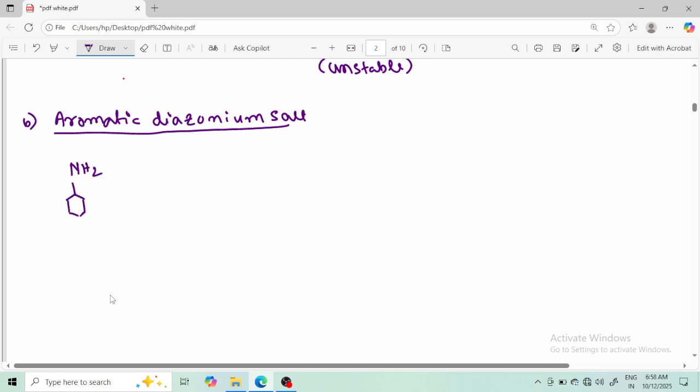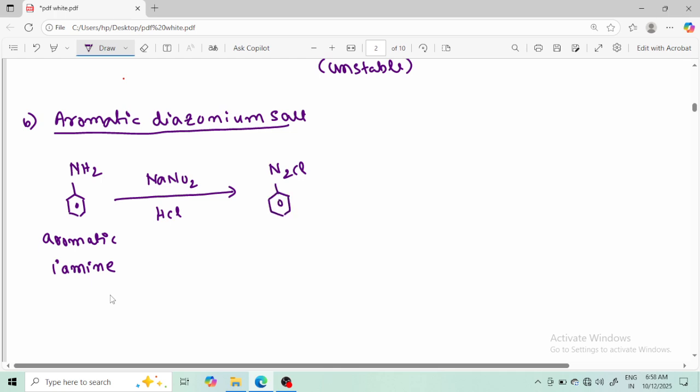How do you know that this is aromatic? Aromatic because the benzene ring is connected to the functional group. Yes. And why is it primary? Because it has two hydrogens on nitrogen. So aromatic 1 degree amine, also called primary amine. So the moment it reacted with, let's say I am using the other form of reagent, you can use HNO2 also, no problem. So here it will change to N2Cl.